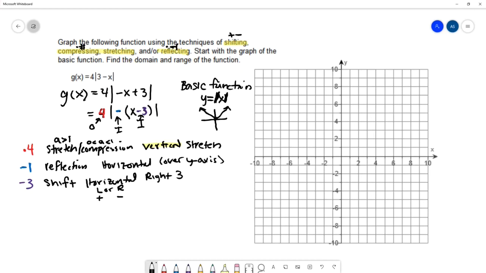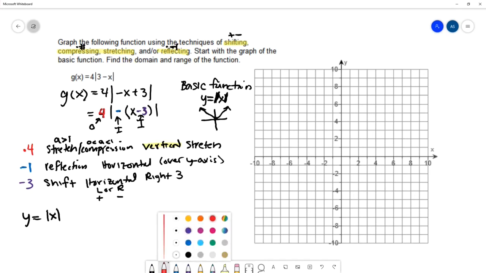So I'm going to start off by graphing our basic function y equals absolute value of x. I'll graph that in black. Then I'm going to graph y equals negative absolute value of x. I'll graph it in this orangish color.